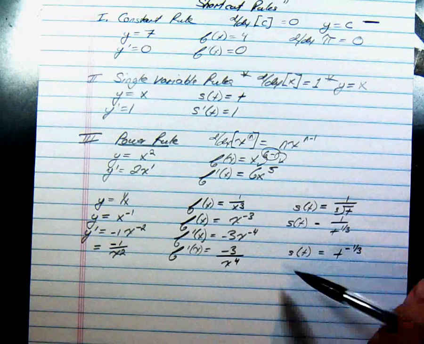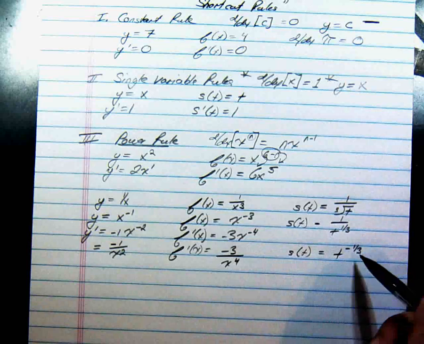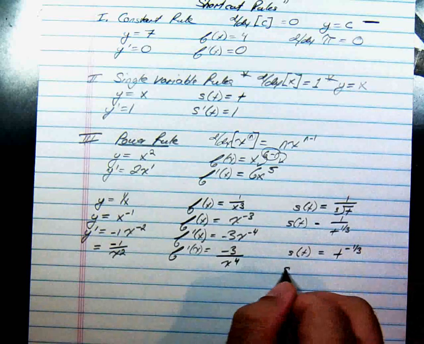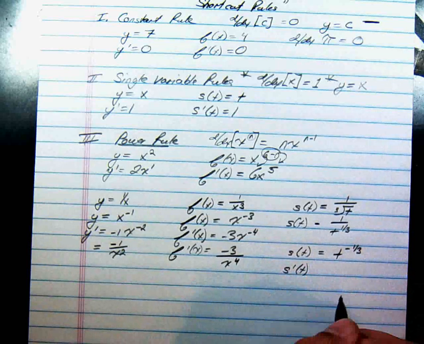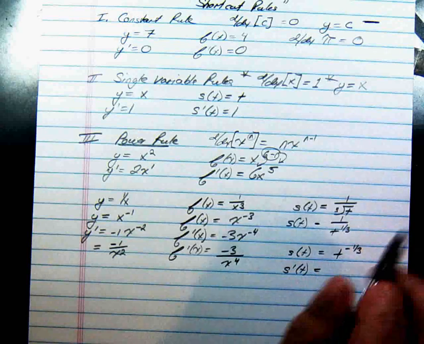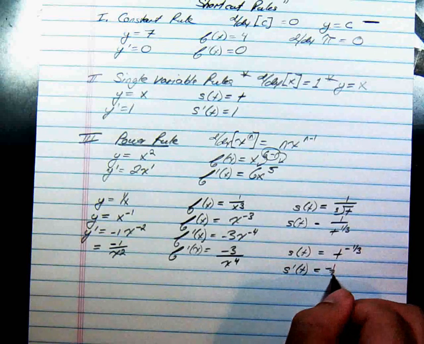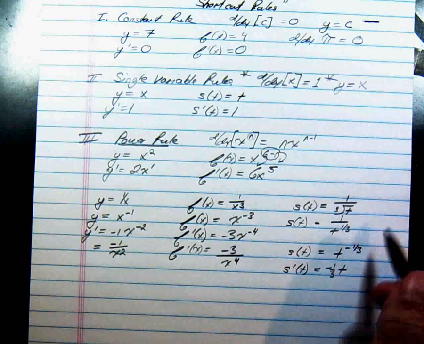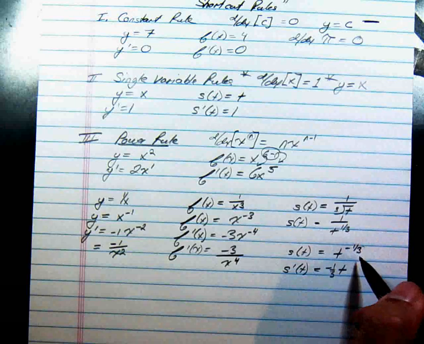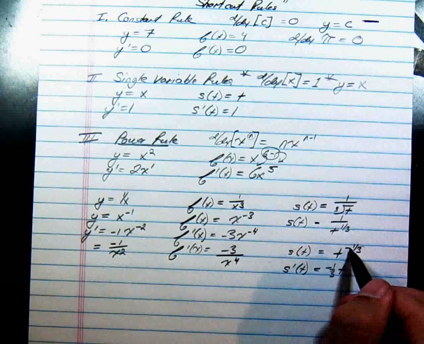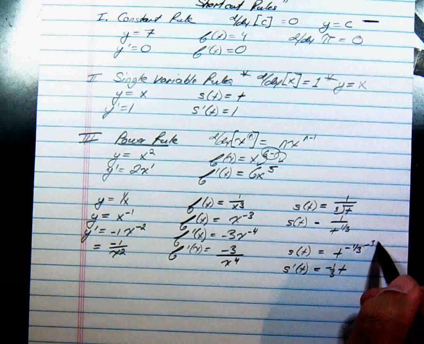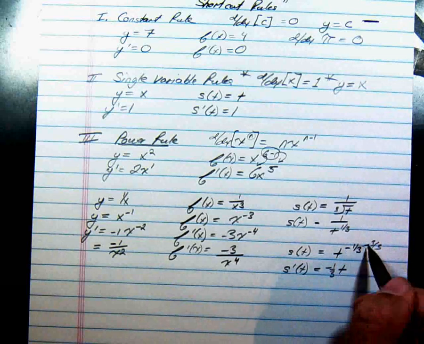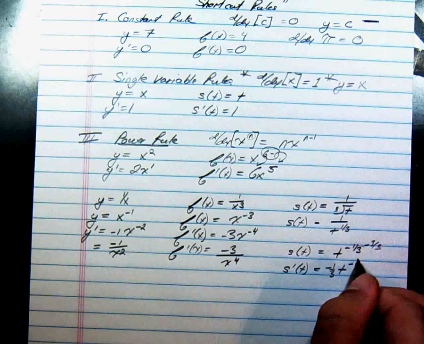Notice I haven't even differentiated yet. Now I'm ready to go ahead and differentiate. S prime of t is going to be equal to, now the negative 1/3 comes in front, t, and you just got to think about it with your common denominator, negative 1/3 minus 1. Well, to write 1 with a denominator 3, that would be 3/3. So it's going to be negative 1/3 minus 3/3. Well, negative 1 minus 3 is negative 4. That's going to be negative 4/3.